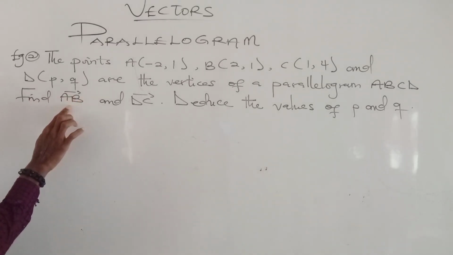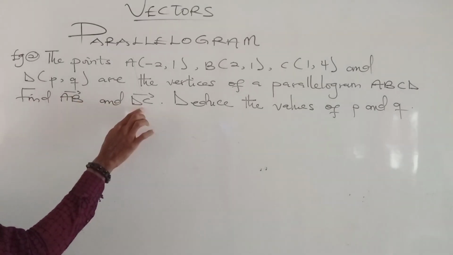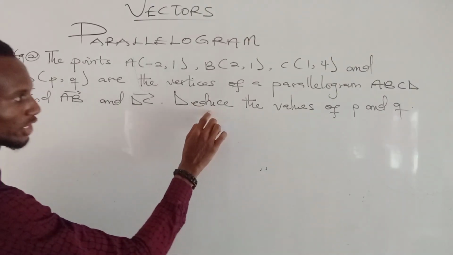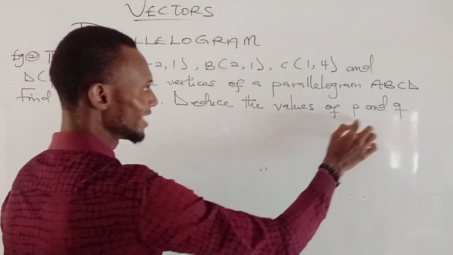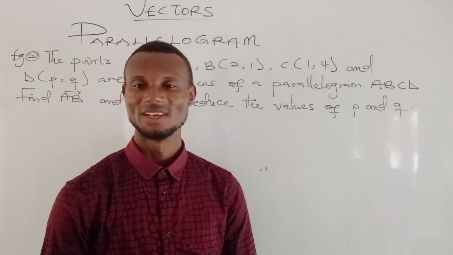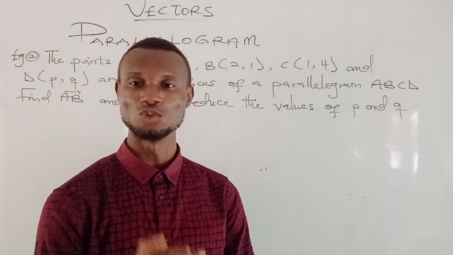Find the vector AB and the vector DC, and we are also asked to deduce the values of P and Q. So first of all, the question is in 2 parts.